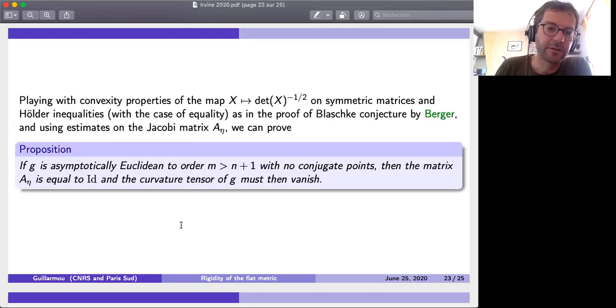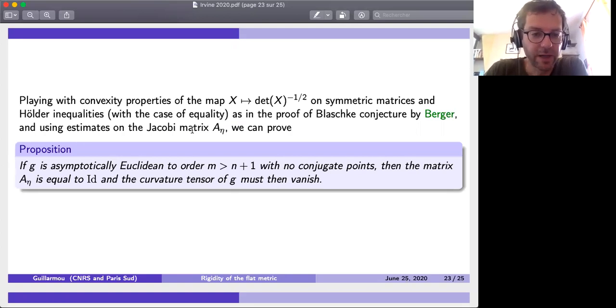Now there is a sort of trick, which goes back actually to some work of Berger. This is the way Berger proved the Blaschke conjecture on the sphere. So it's pretty nice to use a result of my grand mathematical father. And this is detailed in the book of Besse.